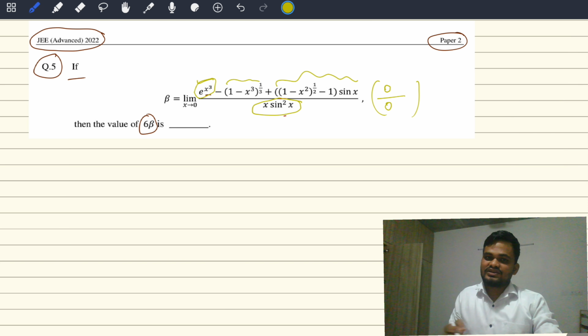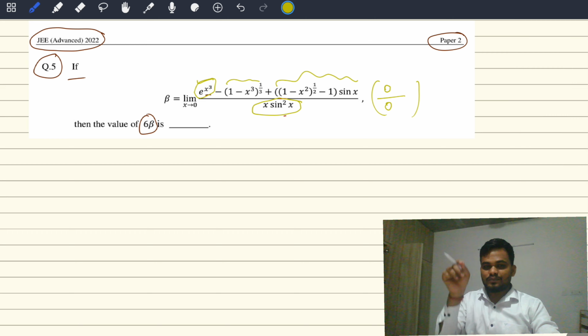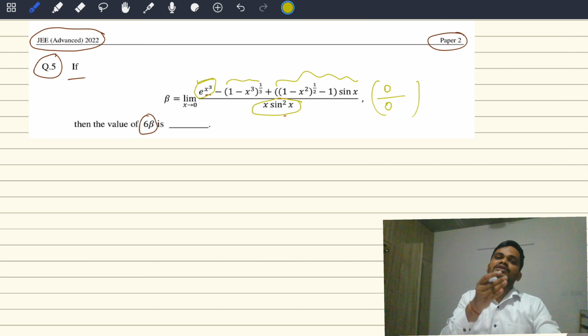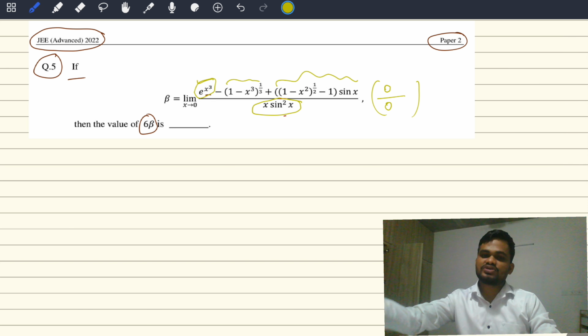Previously, if you solved any Taylor series question, we only need to expand up to the point where the degree matches the maximum degree in the denominator. Suppose the denominator degree is 3, then we need the expansion up to x power 3. Why? After taking x cube common, since limit x tends to 0, the remaining terms go to 0.